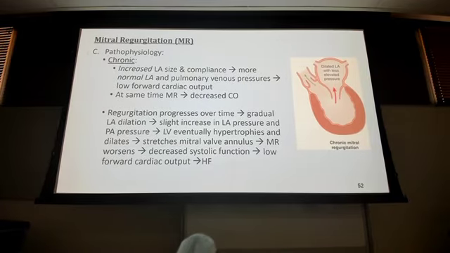In chronic mitral regurg, I now give time for the heart, or the left atrium in particular, to develop compensatory changes to tolerate these physiologic changes.